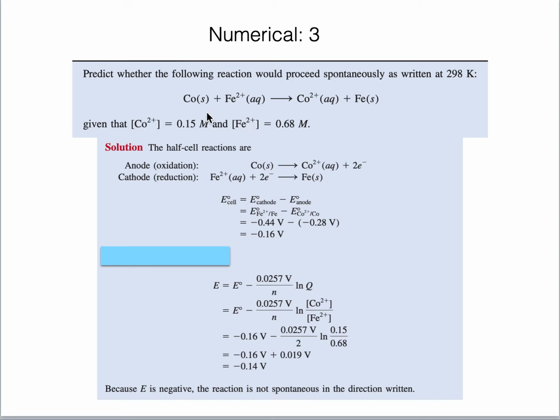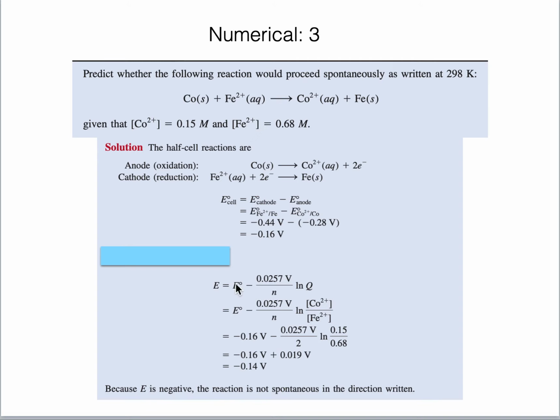It means this reaction is taking place under non-standard conditions because concentrations are not 1 molar. So we will use the Nernst equation to predict whether the reaction is taking place or not. We will calculate E from the Nernst equation, and we will look at whether it is negative or positive.